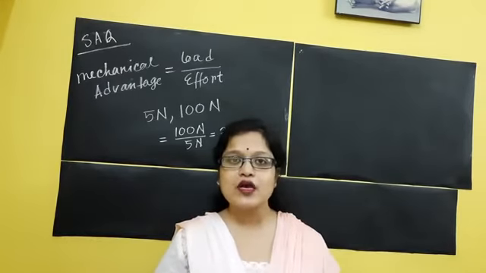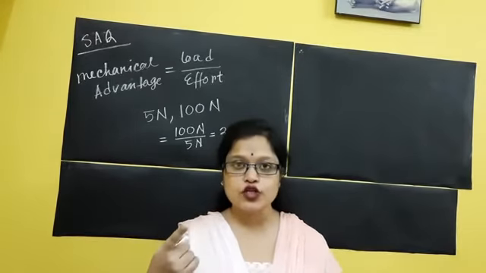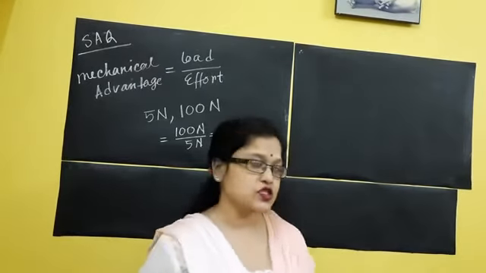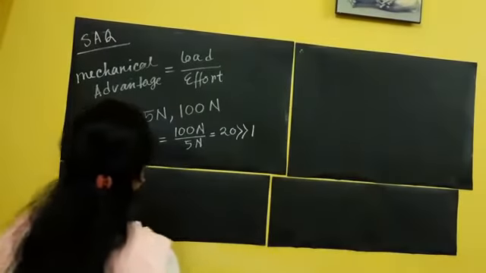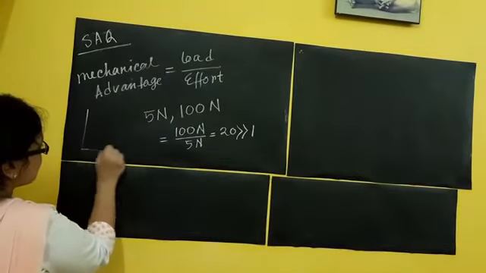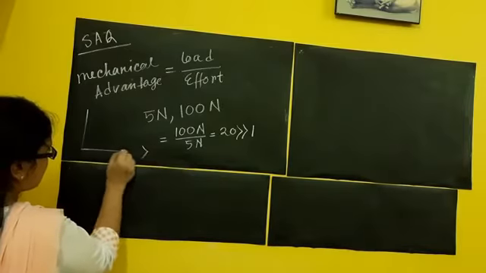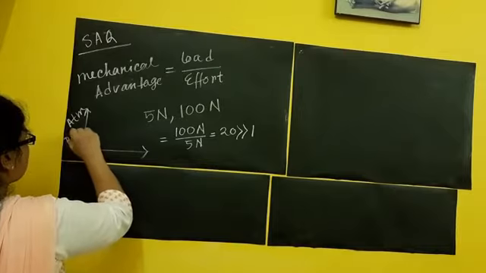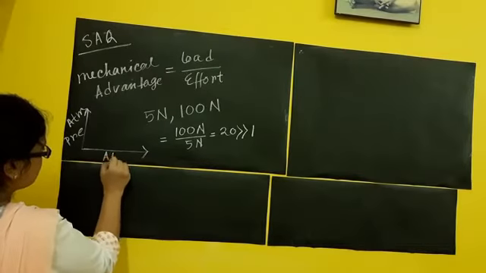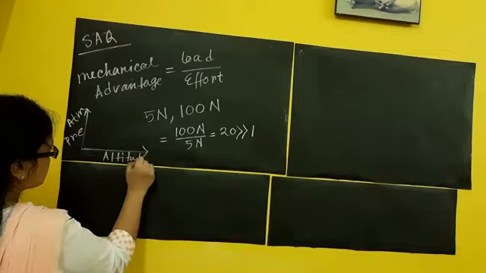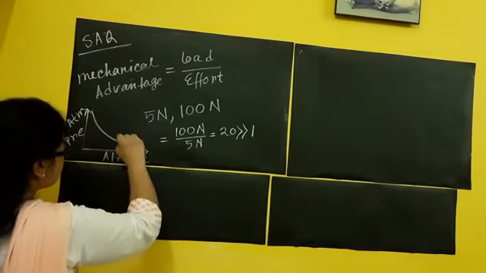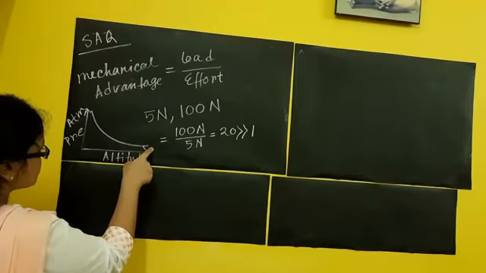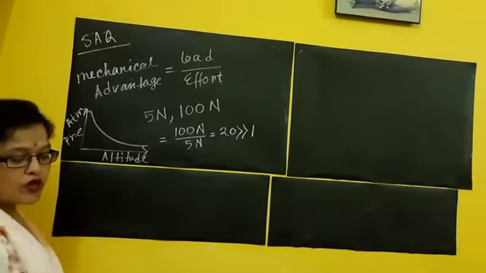So with increasing altitude, pressure gradually falls, and at sea level pressure is maximum. You need to show it by a curve. I had already shown this: this side atmospheric pressure and this side altitude. It will look like this. More the altitude, less the pressure. Less the altitude, more pressure.